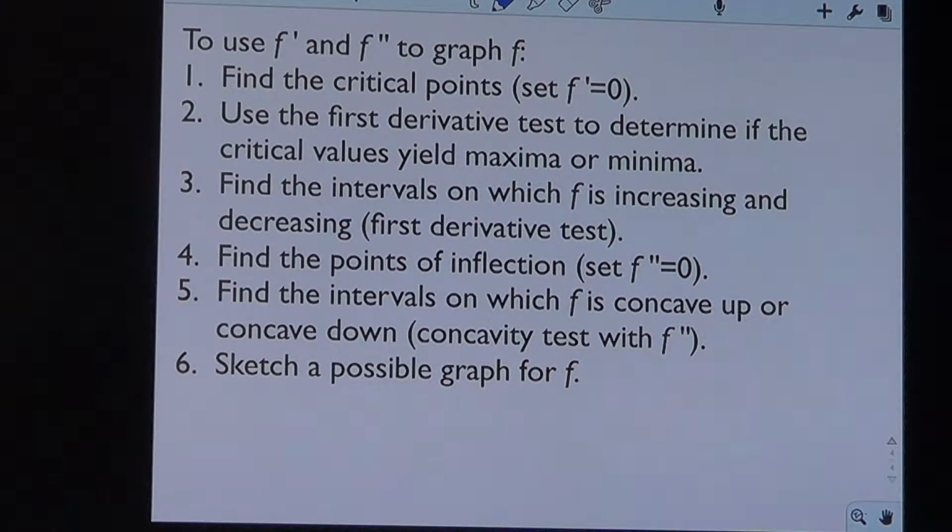If you put them into the second derivative, if you put 0 in, 0, negative 4 is the max.